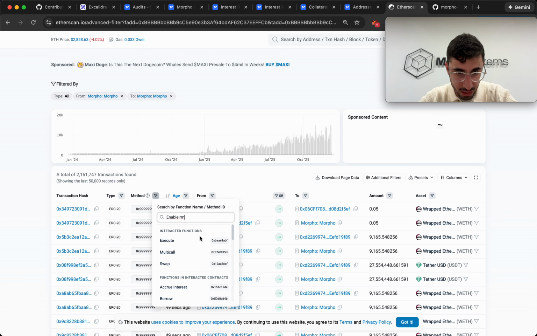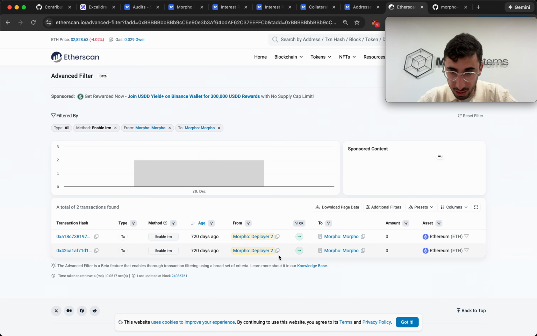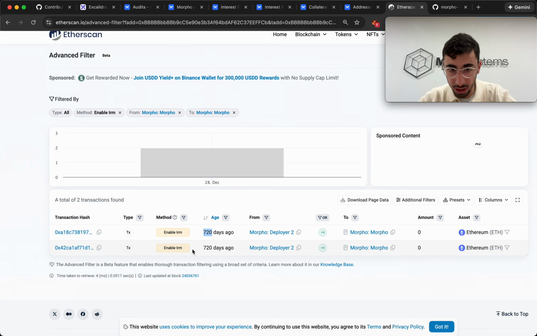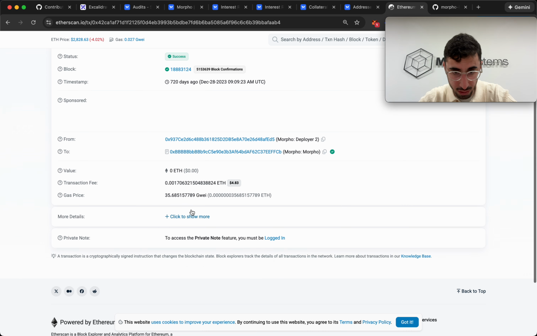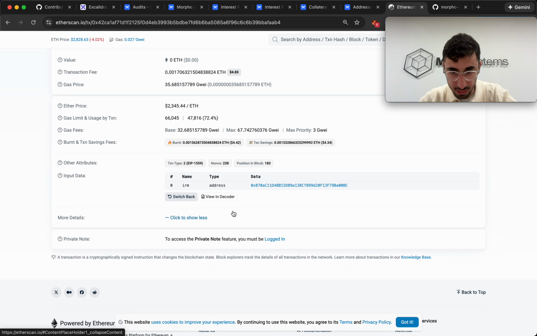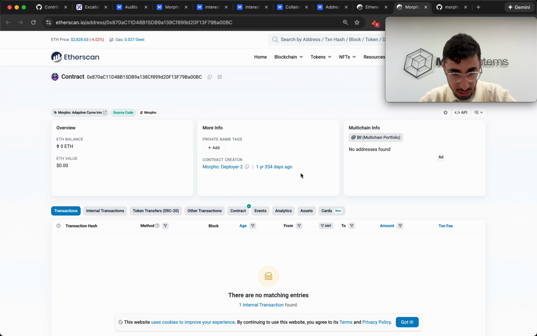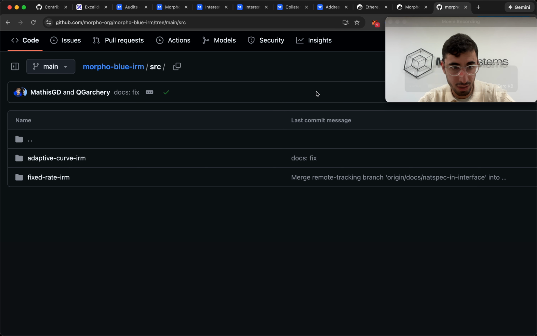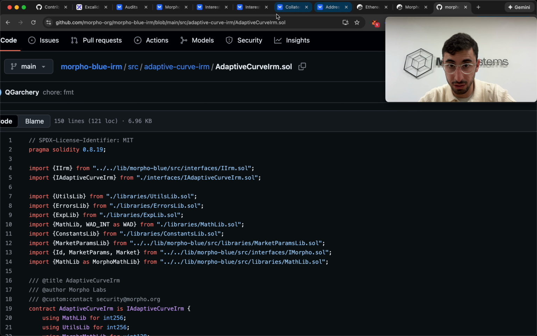So if we search for that, enable IRM, again, 720 days ago, this was called shortly after deployment. First of all, this one sets this address, and this address, this is the adaptive curve IRM, right? So this is what we're looking at right here. This is what they talk about in the docs.